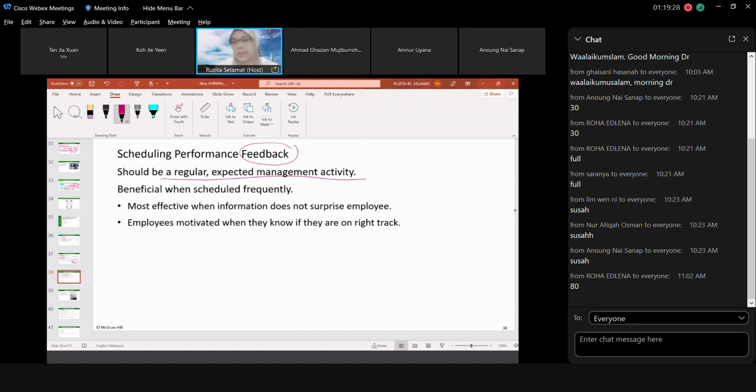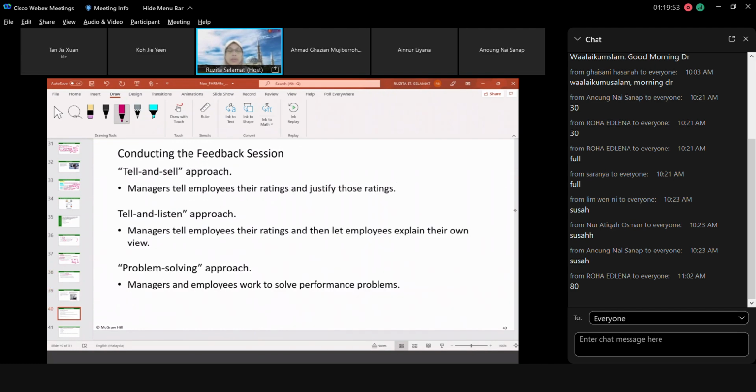But maybe some company take this very seriously. Progress checking tu mesti kena buat. Selepas 6 bulan, they will pick one date, manager and subordinate will sit together untuk check progress, which is very good. Right?